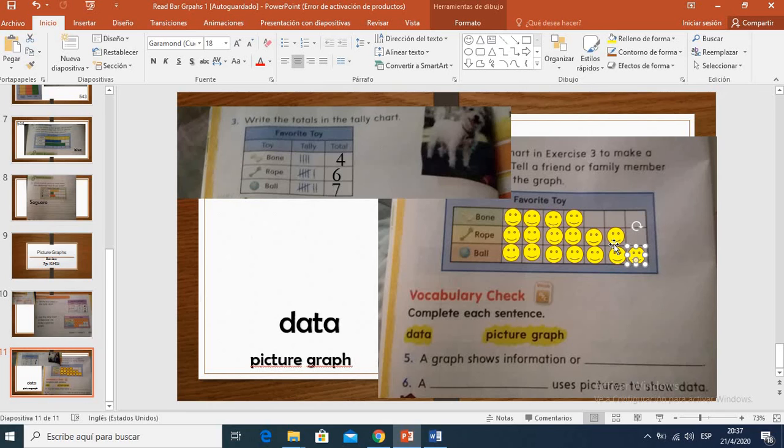If you want, you can color the happy faces in yellow as I did, if you want, okay? But if you don't want to, you just draw them. That's okay for me.